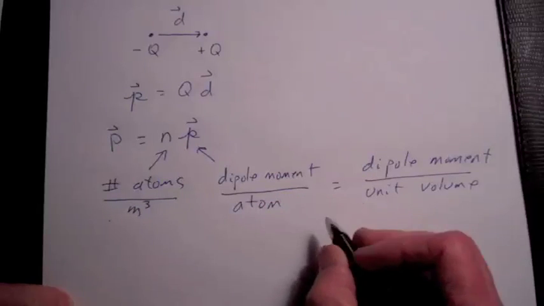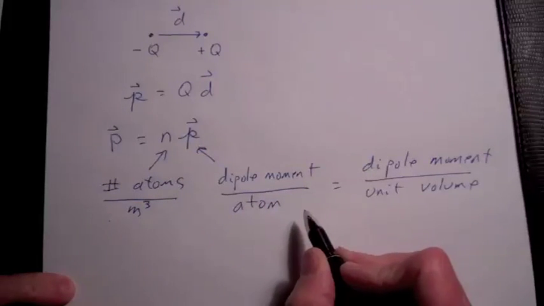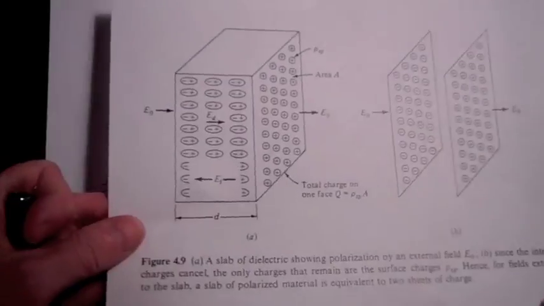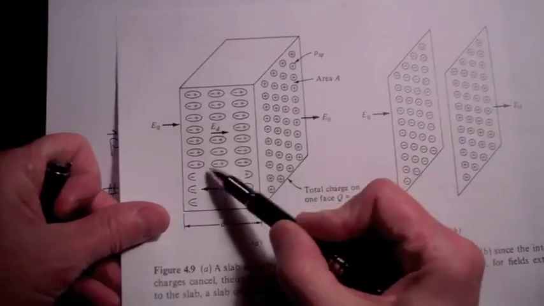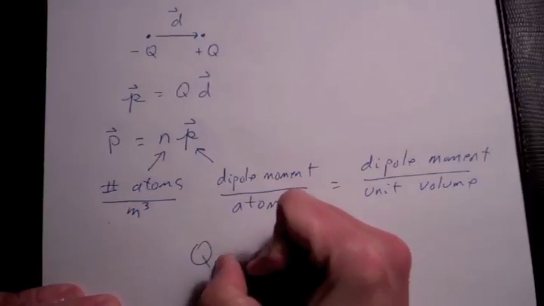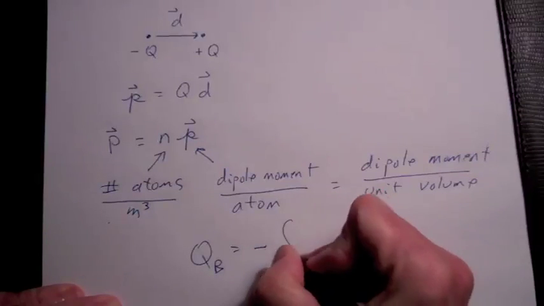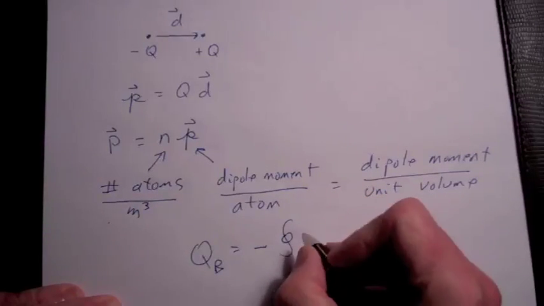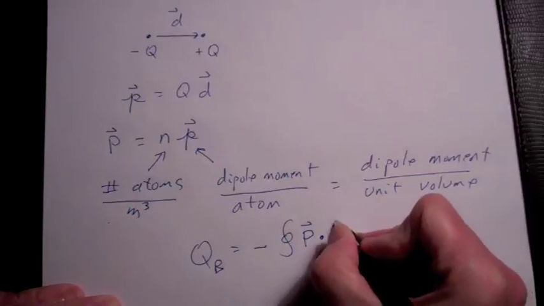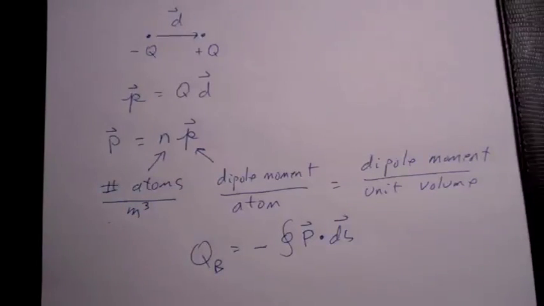And we'll see the relationship between the polarization field and the bound charges that make up all these dipoles in our dielectric is that the bound charge is equal to minus the integral over a closed surface of the dot product between the polarization field and dS.